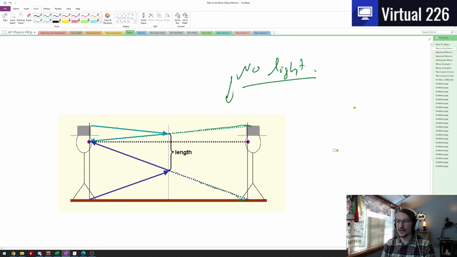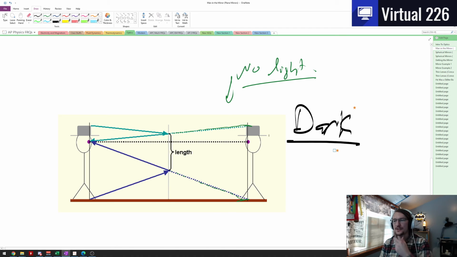The light bounced off the mirror. This is all in darkness, like the dark night. But this is where your eyes think the light is coming from, because your eyes don't understand how light bounces. Your eyes think that the light has to travel in a straight line, so your eyes go, yeah, this is a straight line right here. There's a man in the mirror. So that's actually what you're seeing with a plane mirror, and it doesn't get any more complicated than that.